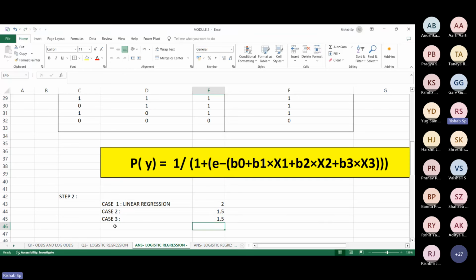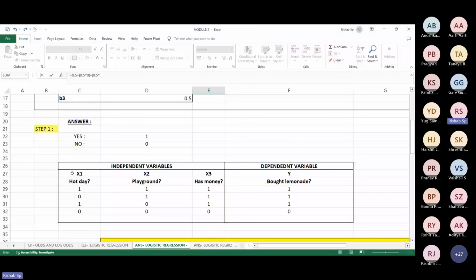1.5 again for case 3. Basically, what I'm finding is the linear regression part. The equation is 1 divided by 1 plus exponential of negative linear regression. Then 0.5 plus 0.5 into 0 plus 0.5 into the next. This is basically an exercise to find the linear regression part itself, because mostly this can be the same format.